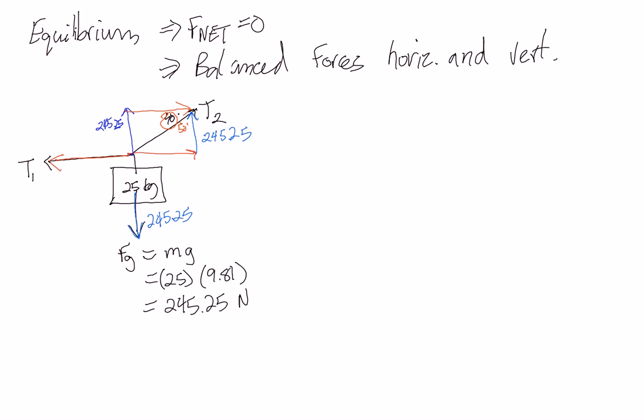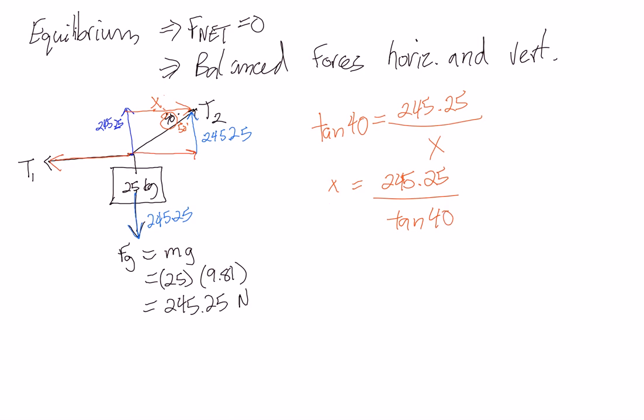So let's do the calculation for that horizontal component. We've got the 40 degrees, we have opposite, and we want adjacent, so we'd have tan 40 equals 245.25 divided by x, if we're solving for that x side. So we just have to divide those out. So our x will equal 245.25 divided by tan 40.